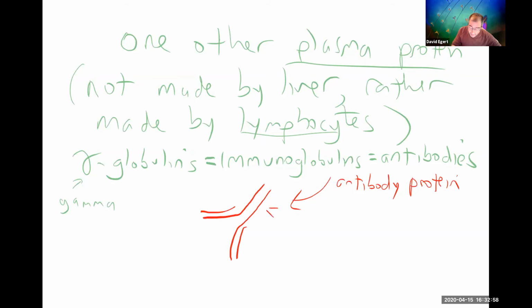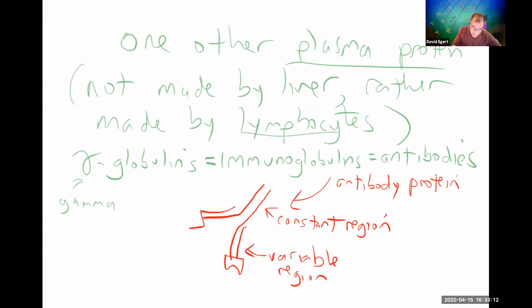It's got a constant region, and it's got a variable region. So they all have the same basic kind of base, but then there is this variable region where they can be different.